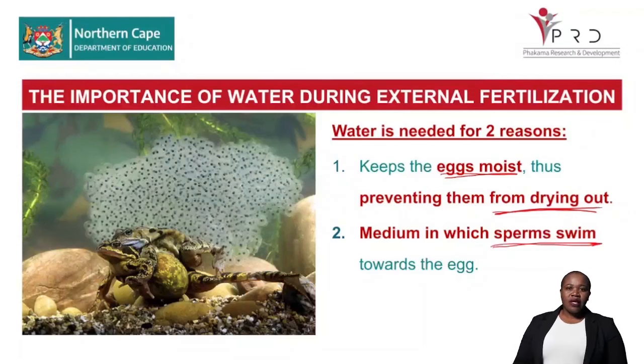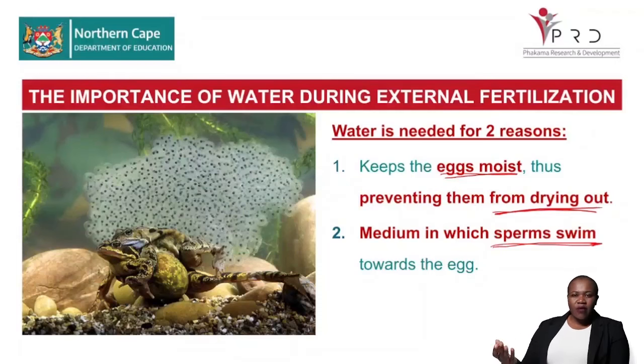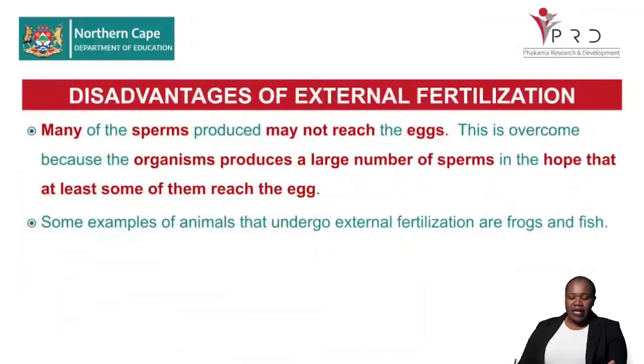Sometimes you would find that these organisms do remain close to each other during this process, just so the distance in which the sperm has to travel towards the egg is not that long. Now, that is one of the ways in which reproductive success can be increased, just to make sure that some of the sperm cells do not get washed away as they are trying to swim towards the egg cells. However, the physical contact is really not a must.